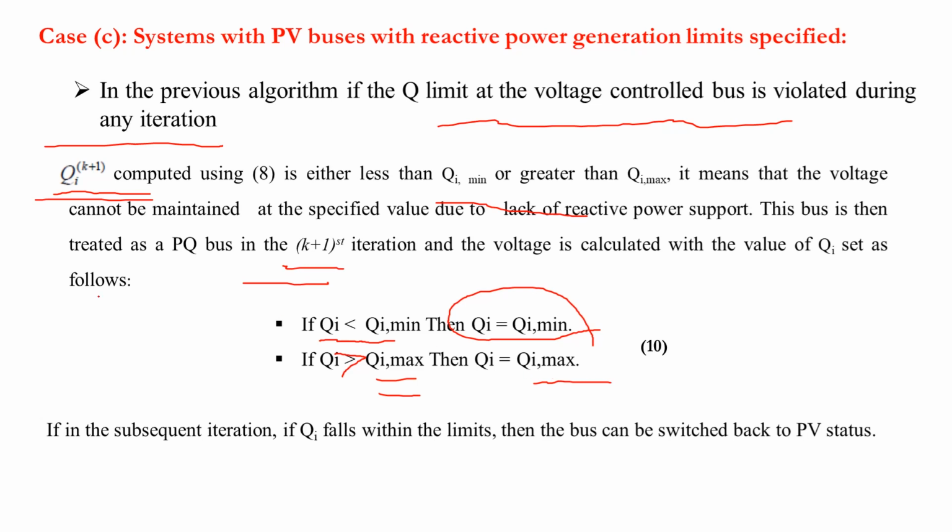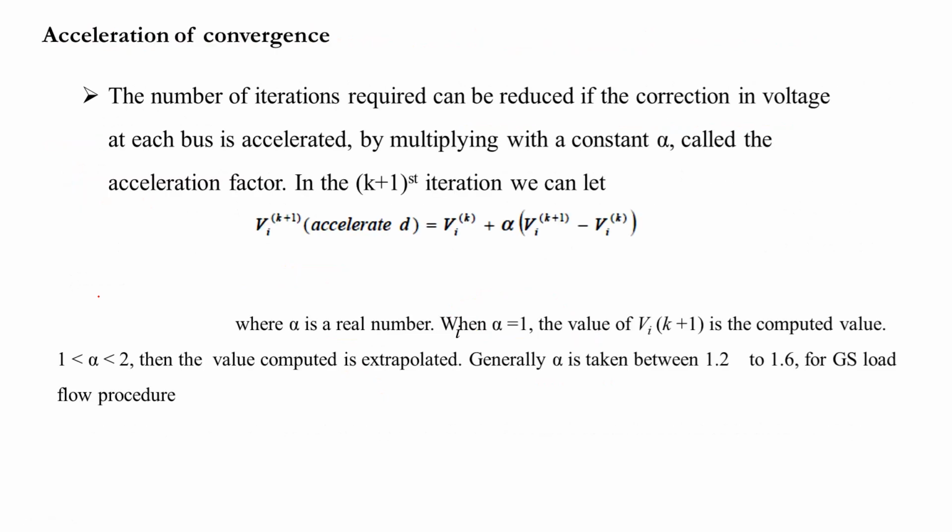back to PV status. Okay, and next one is acceleration of convergence. So the number of iterations required can be reduced. How it can be reduced? The voltage at each bus is accelerated by multiplying with a constant term alpha called the acceleration factor.